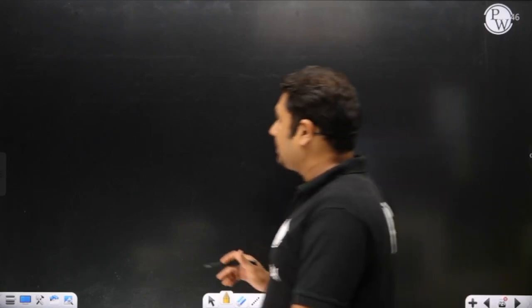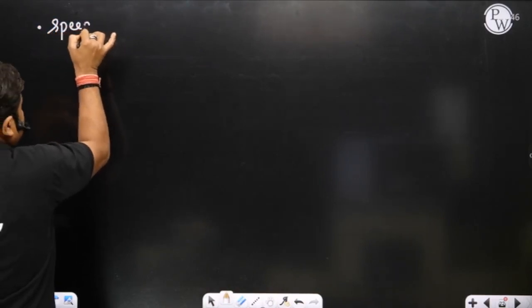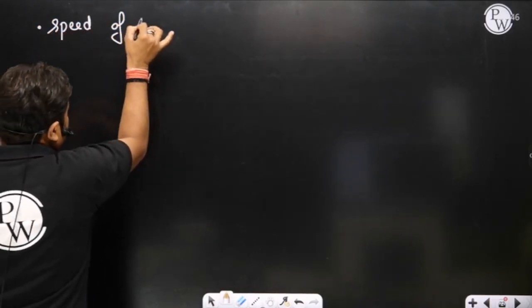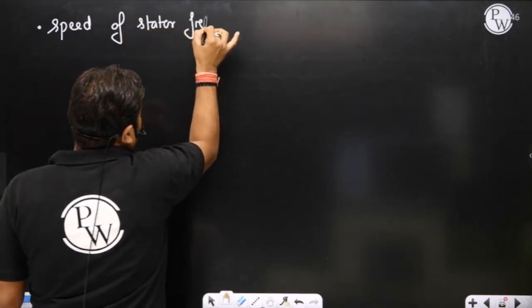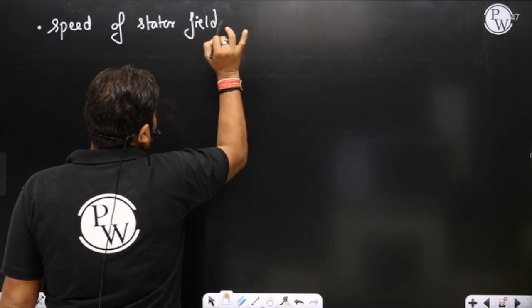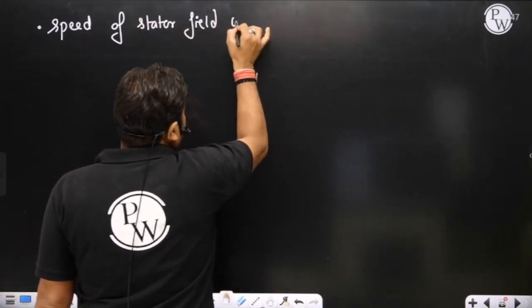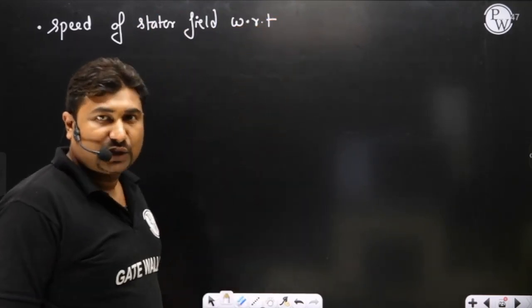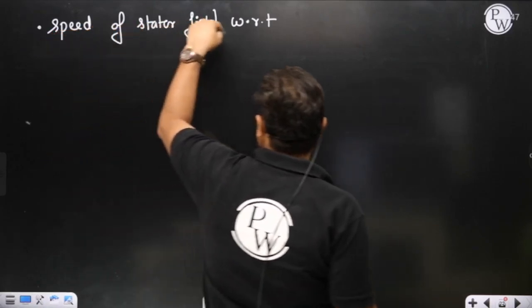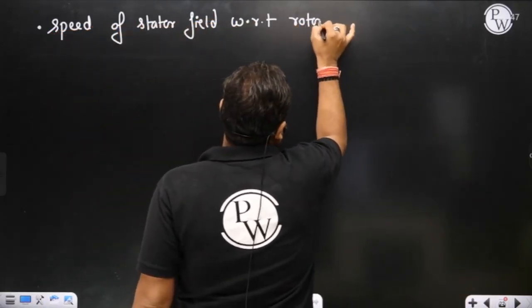Now please observe. Speed of stator field, field or flux, both are the same thing. So speed of stator flux, or you may write speed of stator field with respect to, WRT means with respect to, rotor body.